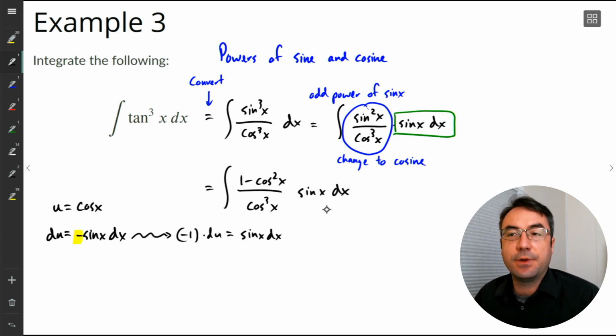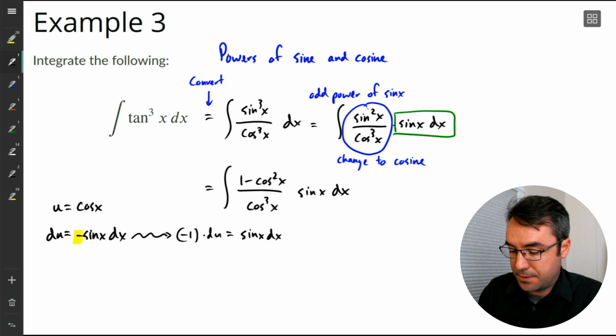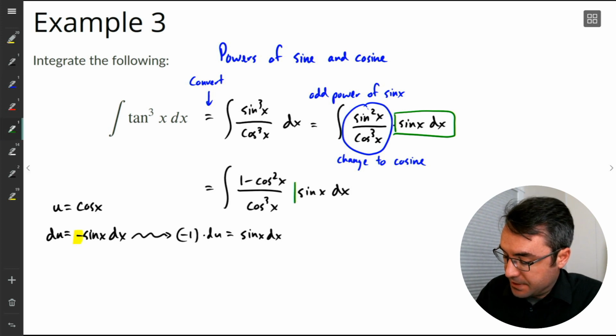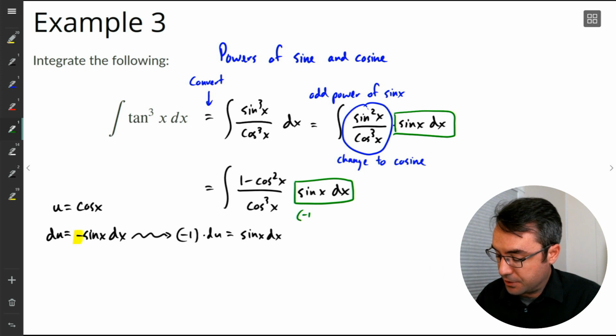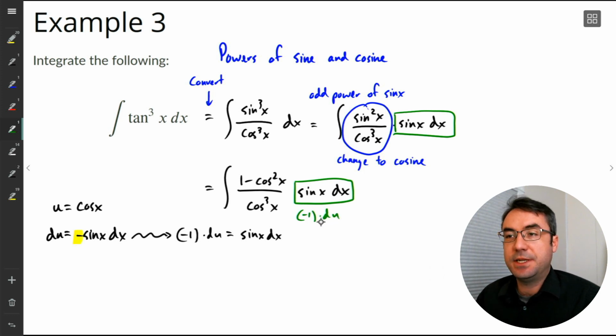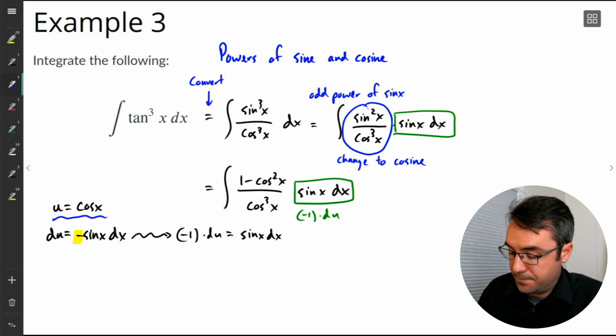And we're saving that. We don't have to convert that. We know what's going to happen to our sine x dx there. It's going to become part of our new differential. And so now we're ready to fill in all the pieces. We know the sine x dx, by design, is going to become our differential. So -1 times du. And then wherever we see a cosine here, that's going to become u.